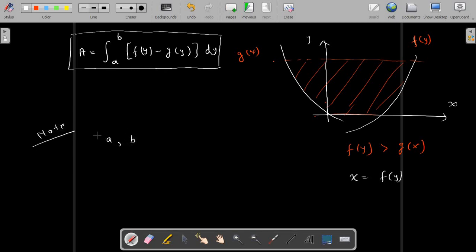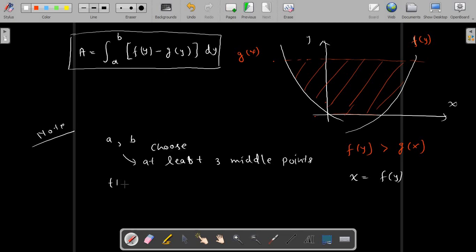First you check on the boundaries if they are coming the same. If they are giving the same values on a and b, then you find at least 3 middle points, not just the boundary. On those, check which function is getting greater y values or greater x values.